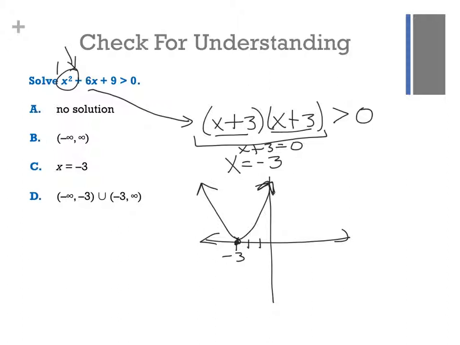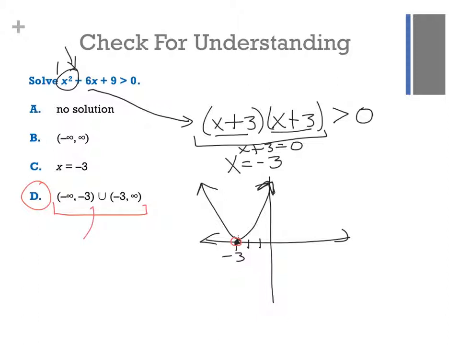So, what we're going to say is the function is greater than 0 for all x values with the exception of negative 3. The graph is greater than 0 for all x values except for negative 3, and the interval that provides that answer is negative infinity to negative 3 union negative 3 to infinity.